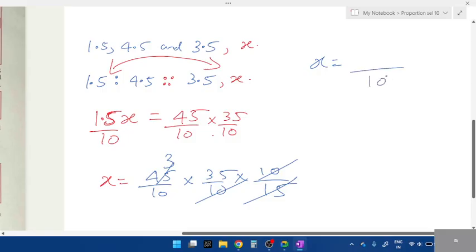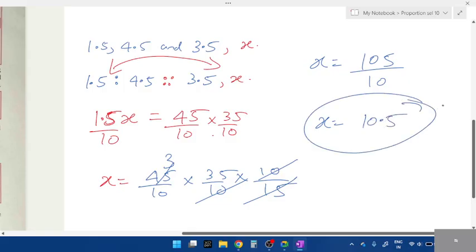How much is 3 into 35? If you use the shifting method, 10.5. All of you understood? Fourth proportion.